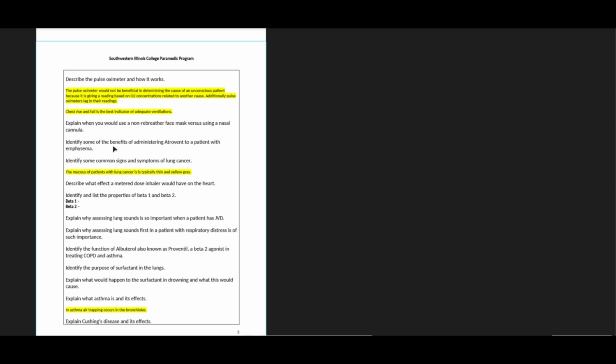Identify some of the benefits of administering Atrovent to a patient with emphysema. So Atrovent is going to be useful in these patients as well as other patients to dry up secretions, and it also works on a different pathway compared to, for example, beta agonists, which dilate the smooth muscle around the airways.